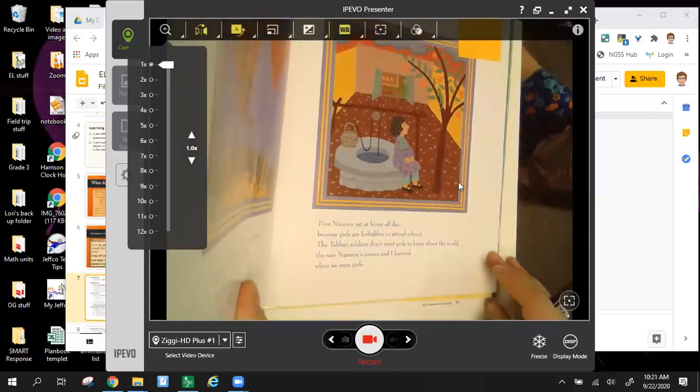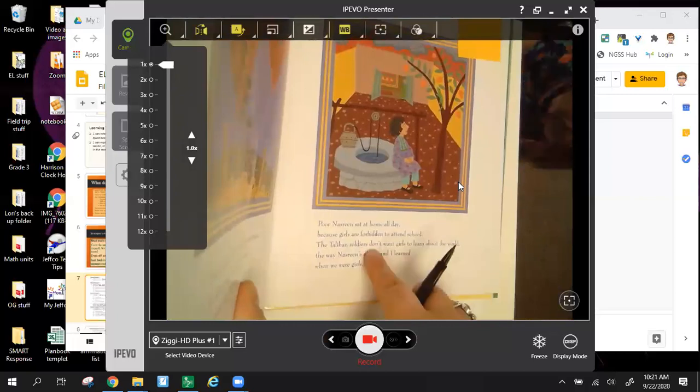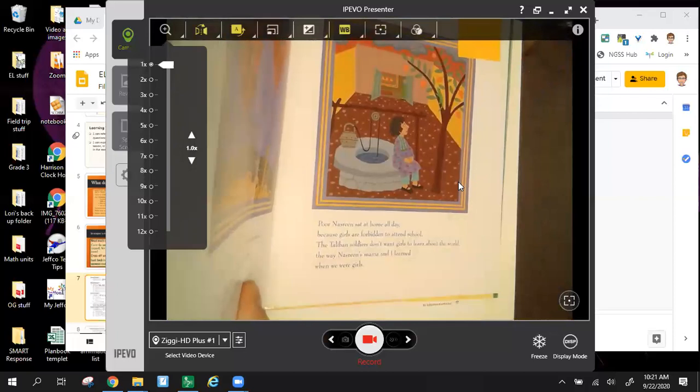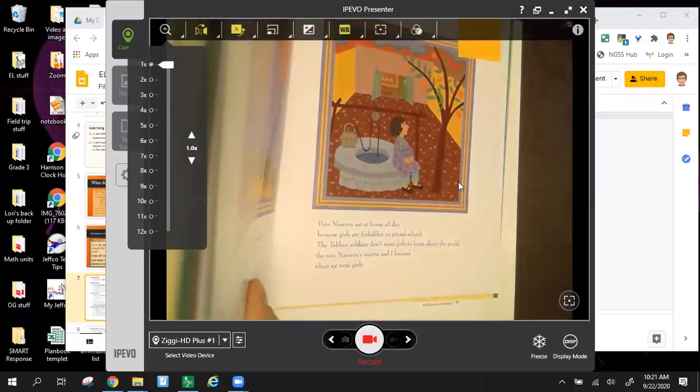So Mrs. Harrison is referring explicitly to the text. I'm going directly to the page it's telling me and rereading. I'm not trying to use my memory. I'm going back to reread. When you're doing the assessments, you've got to go back and reread the section that they ask you to.